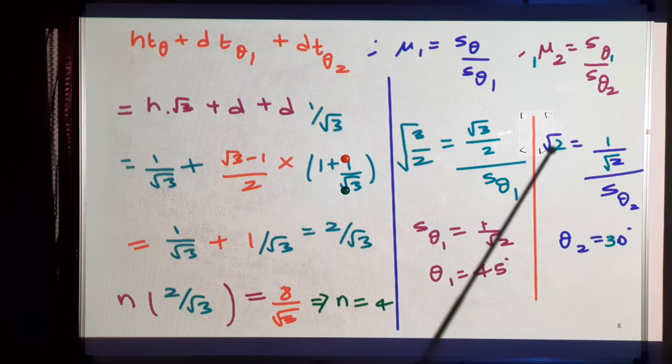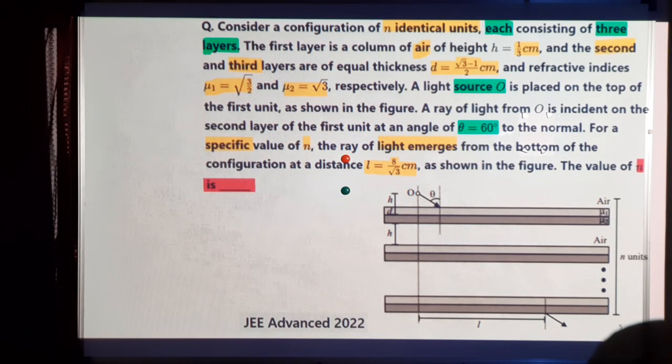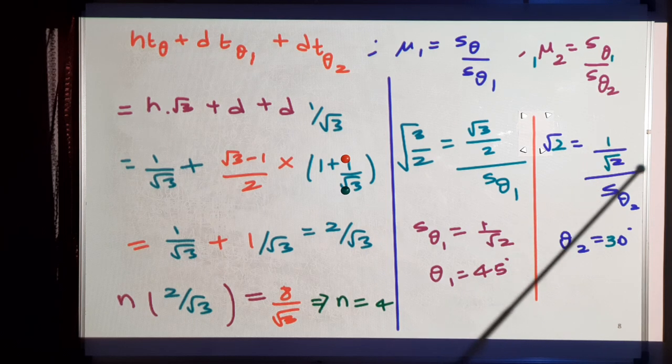This is root 3 by root 3 by 2. So root 3 will cancel, it will become root 2. So root 2 equals sin theta 1, it's 45 degrees, so 1 by root 2, by sin theta 2. So from this, theta 2 is 30 degrees.